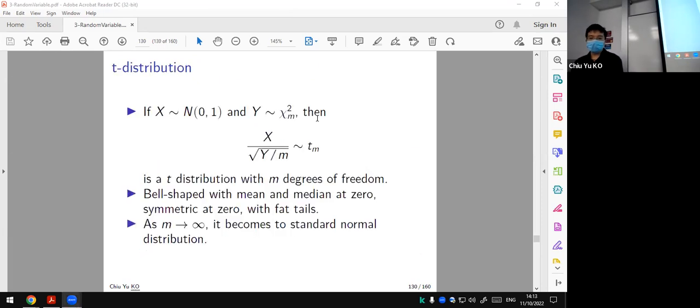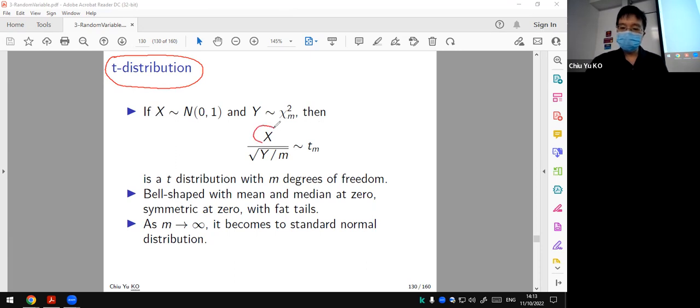The main thing is this guy, T. We don't work with chi-square directly, but very often we'll be playing around with T. The reason we need this will become clear next week. T is defined as a fraction.